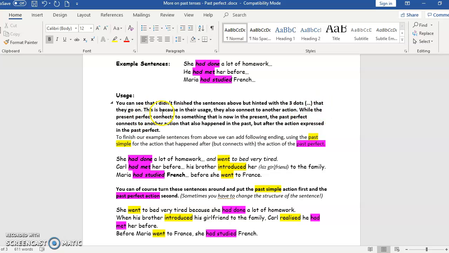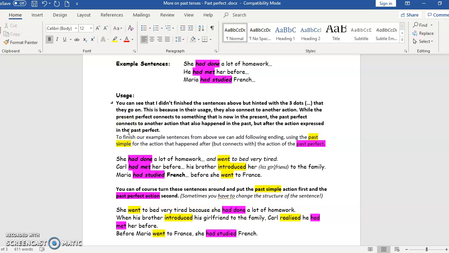While the present perfect connects to something that is happening now in the present, the past perfect connects to another action that also happened in the past, but it happened after the action that is expressed in the past perfect.